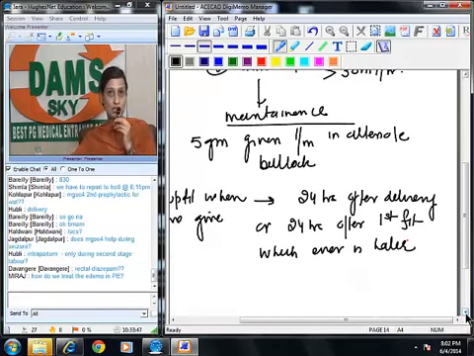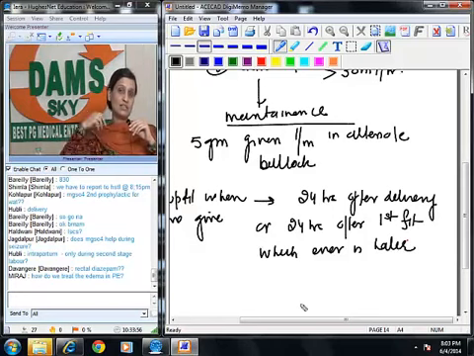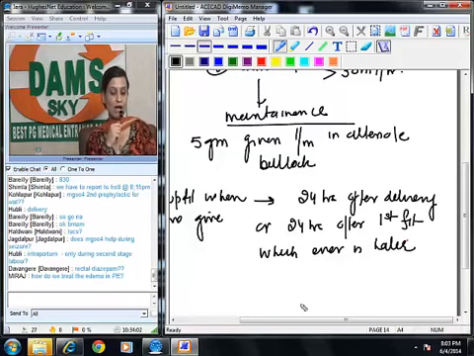So the last dose of mag sulf has to be 24 hours after delivery of the baby or 24 hours from the first seizure that the lady has thrown, whichever is later. So this is how we decide up till what time we are going to give magnesium sulfate.